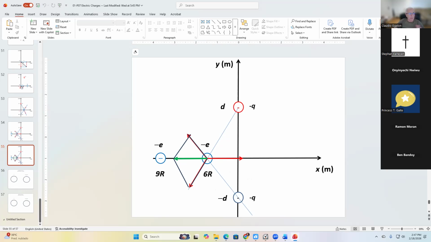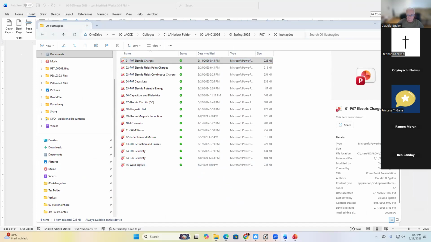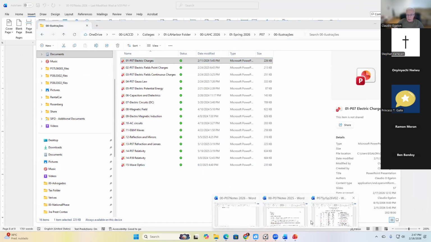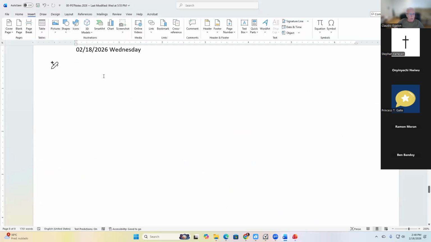So the electric force behaves just like our regular mechanical forces. That's what you have to know. This process of getting the forces summed vectorially has a name. It's called the principle of superposition.